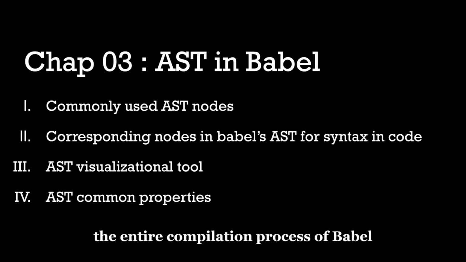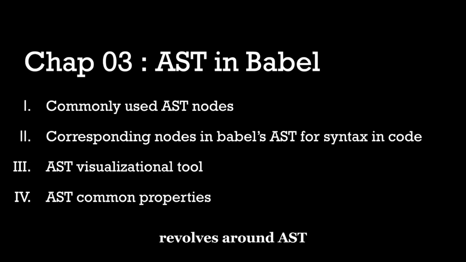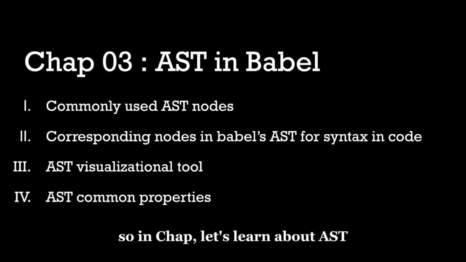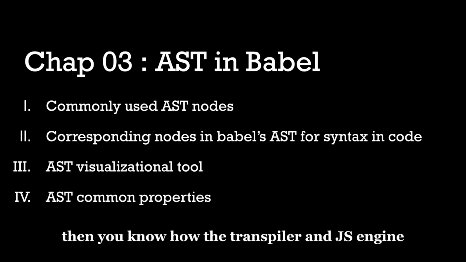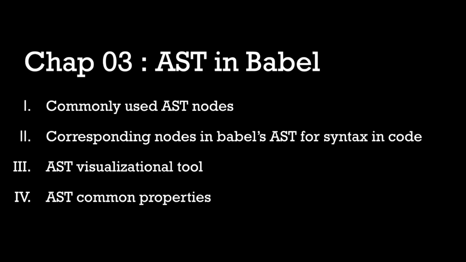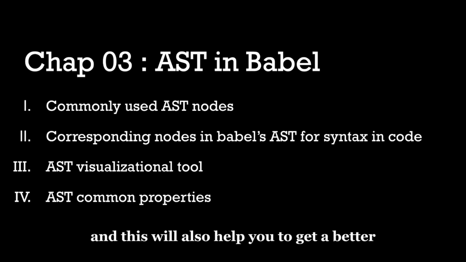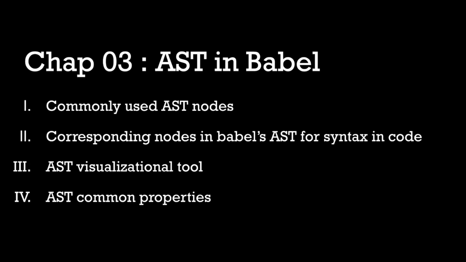The entire compilation process of Babel revolves around AST. So in this chapter, let's learn about AST. After you get familiar with AST, then you know how the transpiler and JS engine understand the code, and this will also help you to get a better understanding of JavaScript.